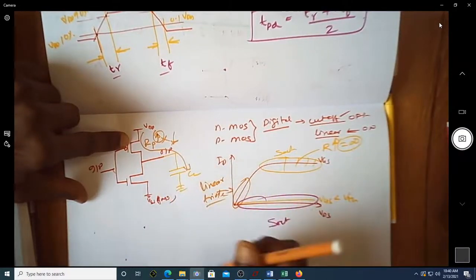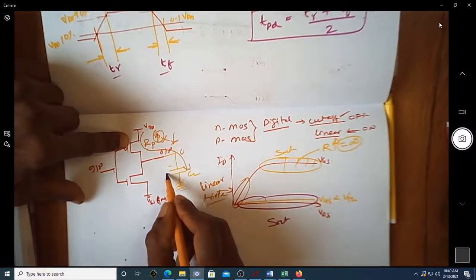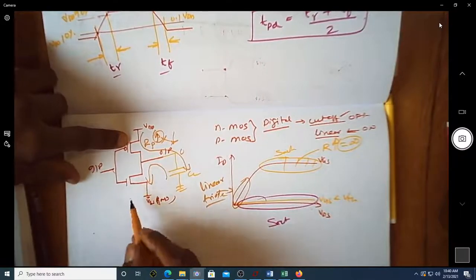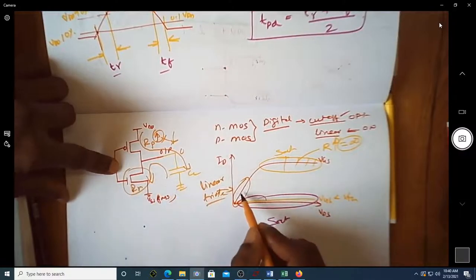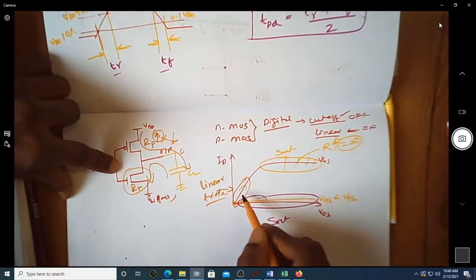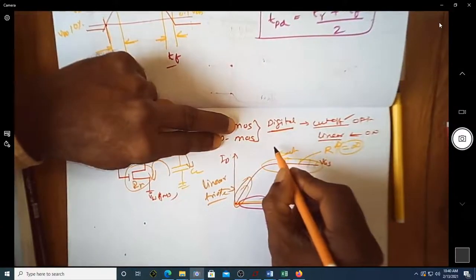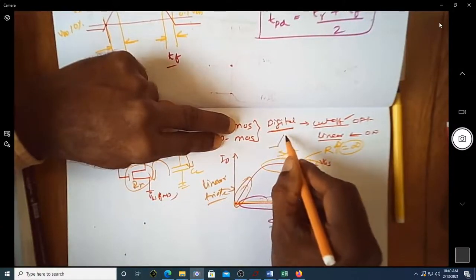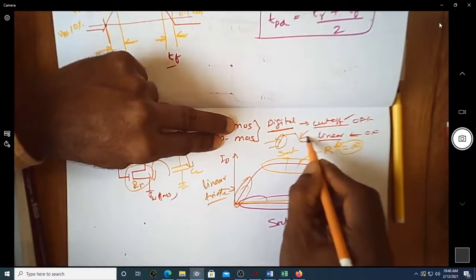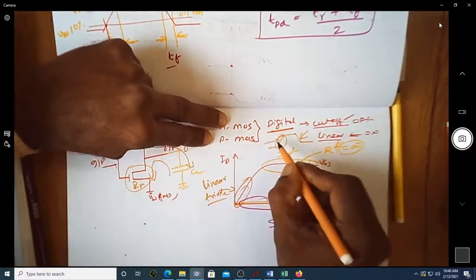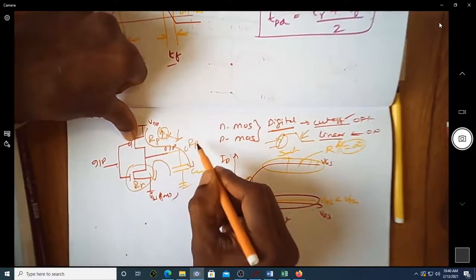Similarly, if the output has to discharge, if this voltage has to become zero, then it has to discharge through this transistor. Again, the resistance offered by this should be as small as possible. That is possible only when the MOSFET is operating in linear region. For any digital operation where we consider transition from 0 to 1 or 1 to 0, if the output has to go high, it is RP which is responsible.